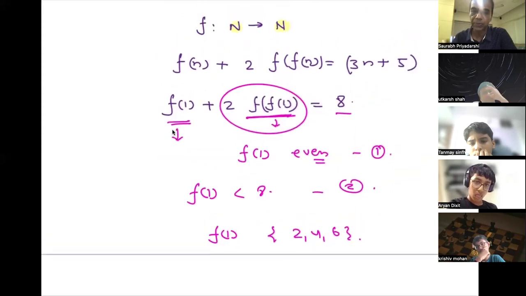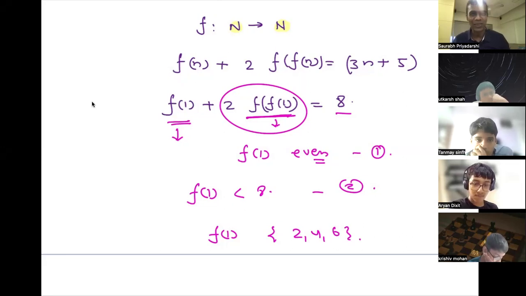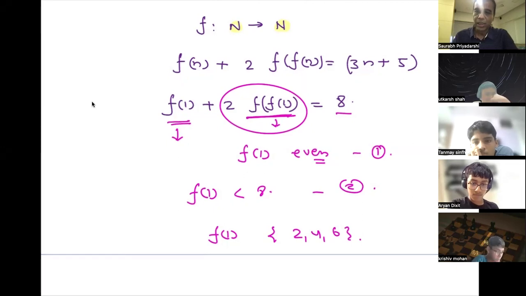Is this okay? So this is the first thing we have to build, and this is the formation. Right? This is the formation, okay? I hope everyone is getting up to this step.